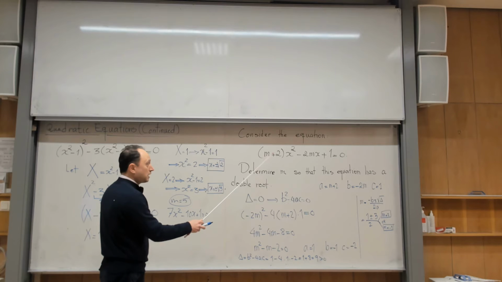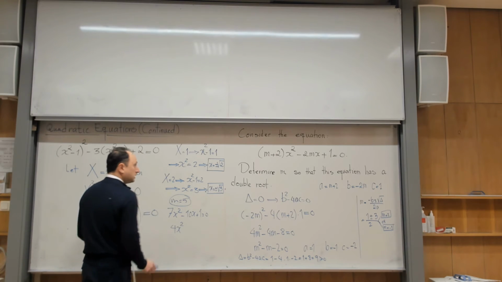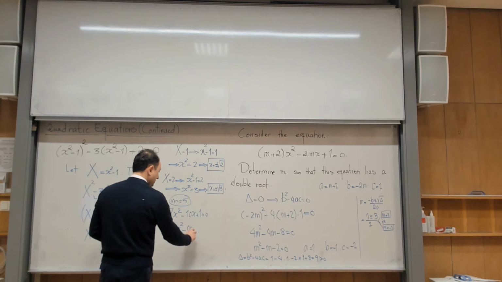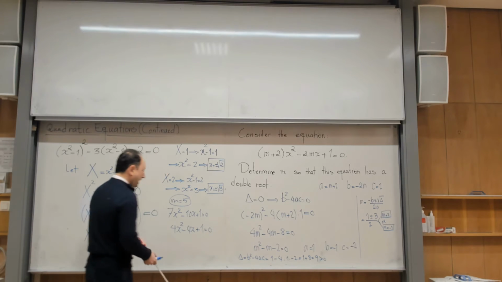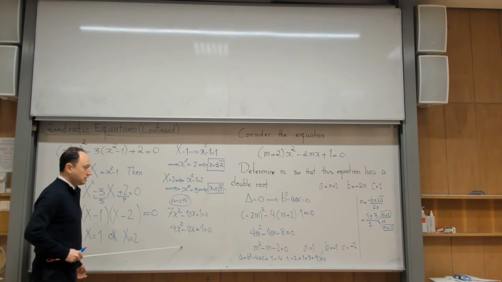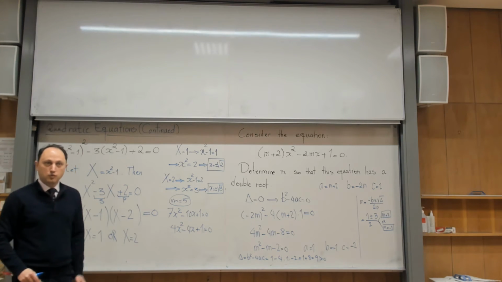m is 2, I put it here, it becomes 4x squared. I put m here, it becomes minus 4x, and then plus 1. If I ask you how many solutions you expect for this equation, if you have done everything right, you would say definitely one root.